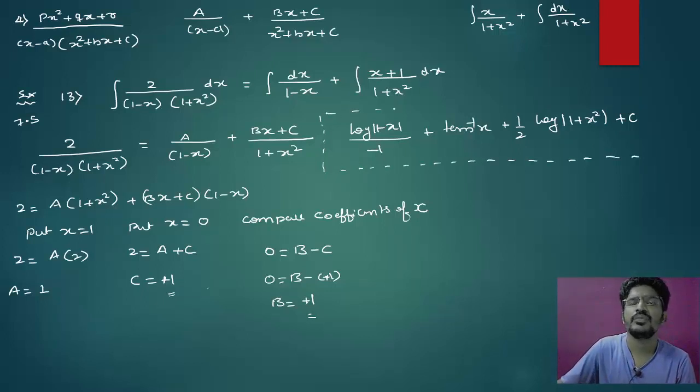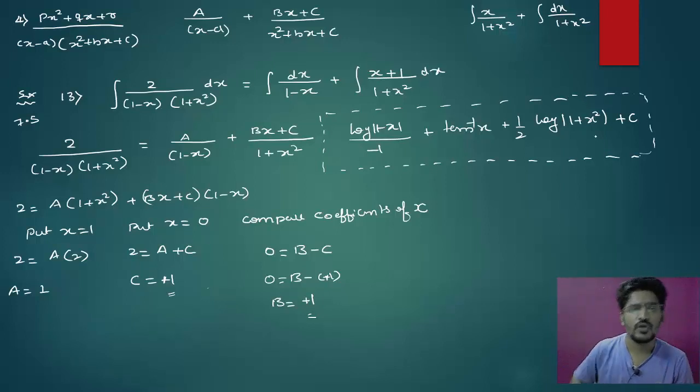Clear? Okay student, so this is your answer for problem number 4. Okay, so we lost a little bit of concentration here. Don't lose any concentration, because problems are going to be very interesting, and sometimes you may lose concentration and miss plus and negative signs, but don't worry.